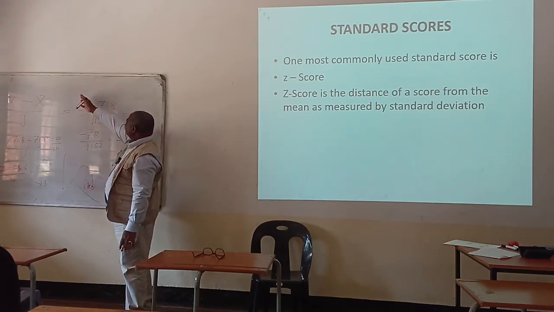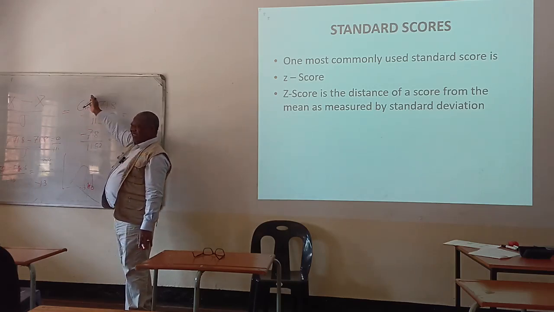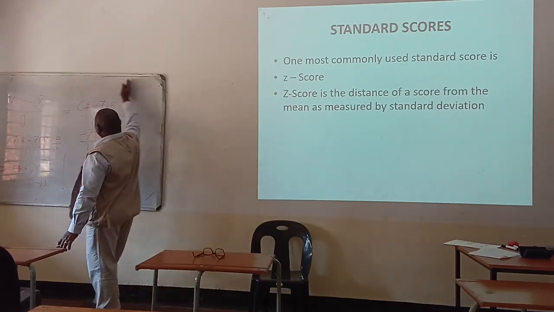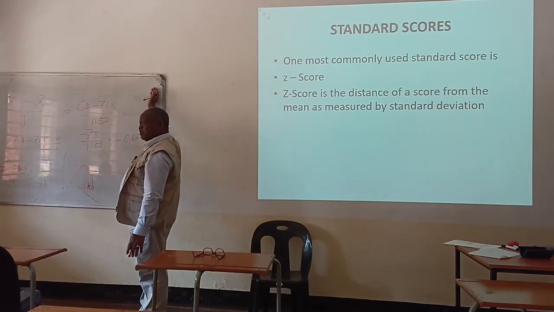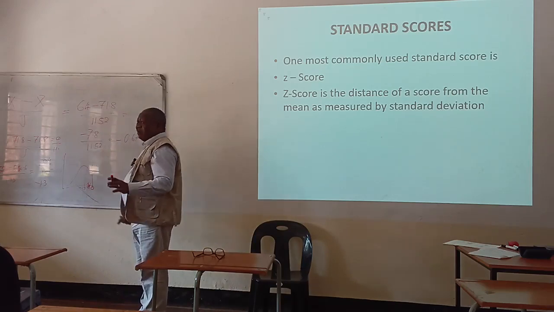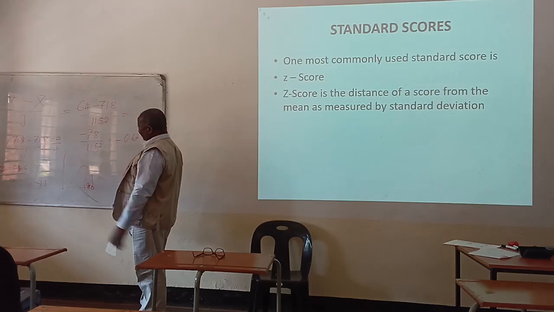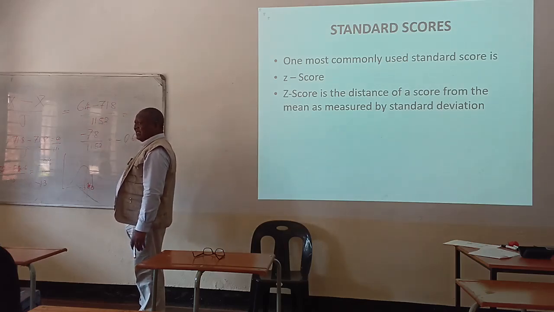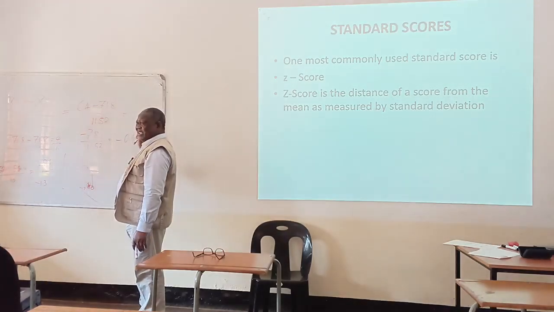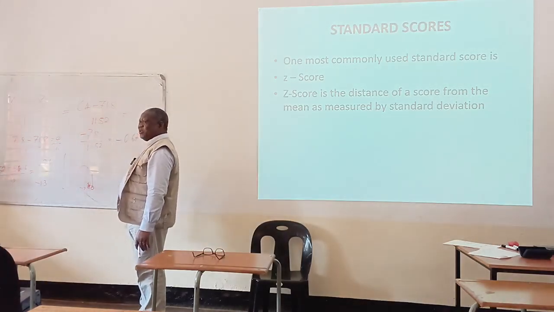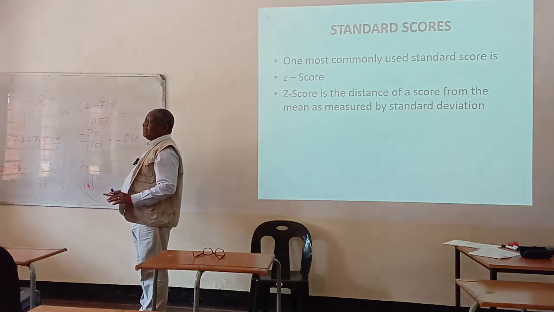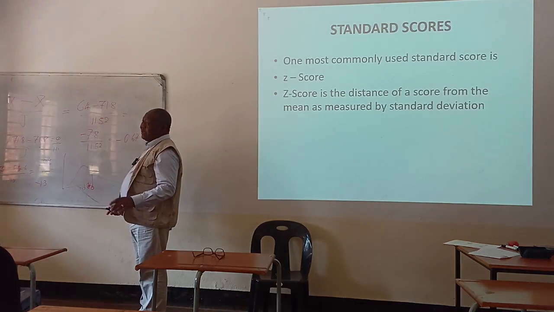Let's assume the first 5 scores were for mathematics and the last 5 scores were for physical science, and you are trying to compare. This student got 52 in the first class and 64 in the other class. So you want to say, in which of these classes did he perform better than his colleagues?